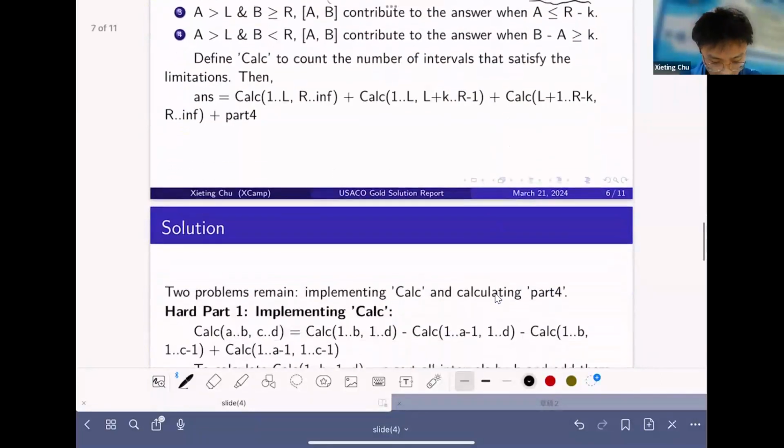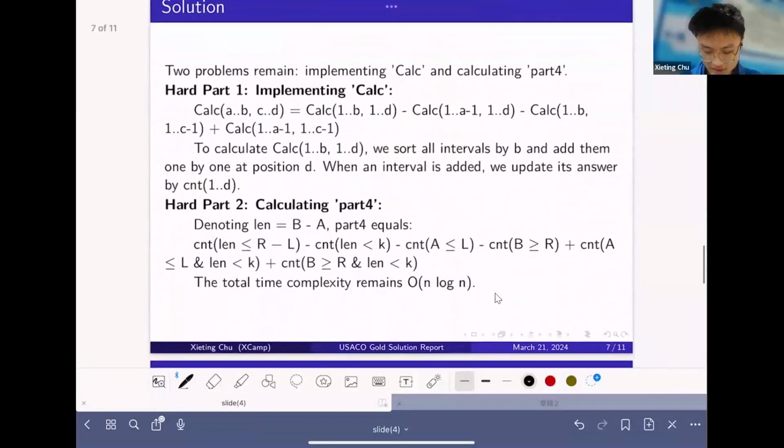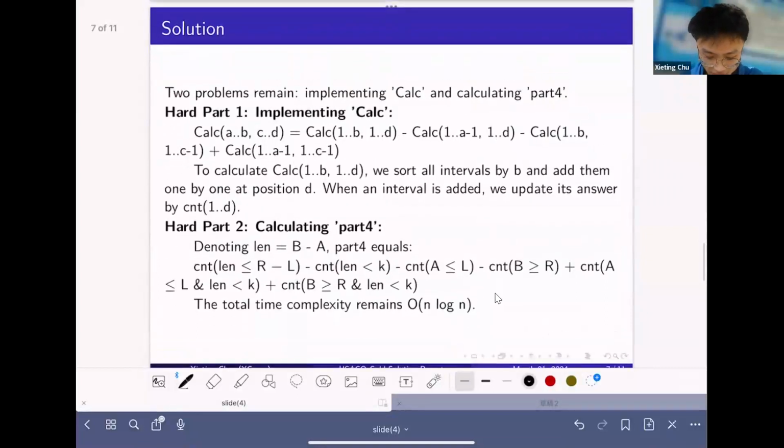Okay, and there are 2 problems remaining. The first problem is how to implement calc, and the second problem is how to calculate part 4. First, how to implement calc.